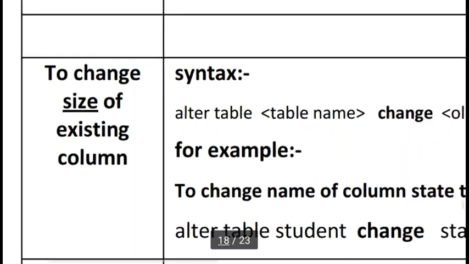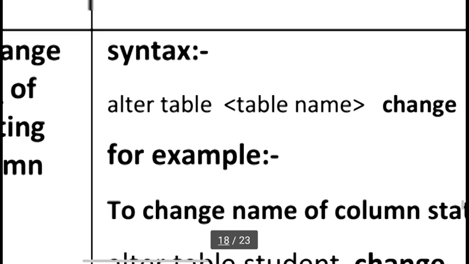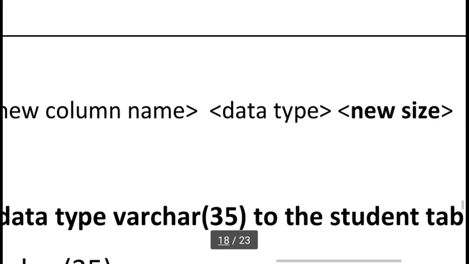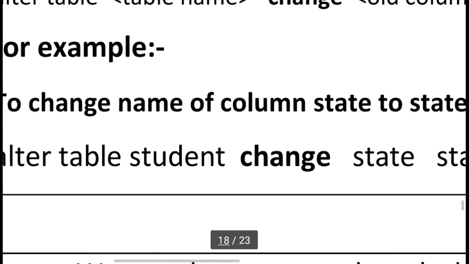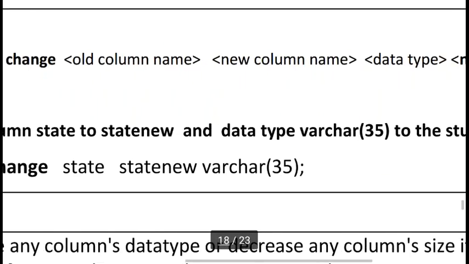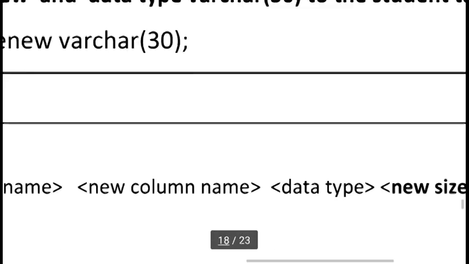We can also change the size of the column, which means we can control the width of a column. Again we use the ALTER TABLE command, table name, CHANGE old column name, new column name, data type and new size. To change the column state to state_new with size 35, here I am changing the size to 35, while last time it was 30.